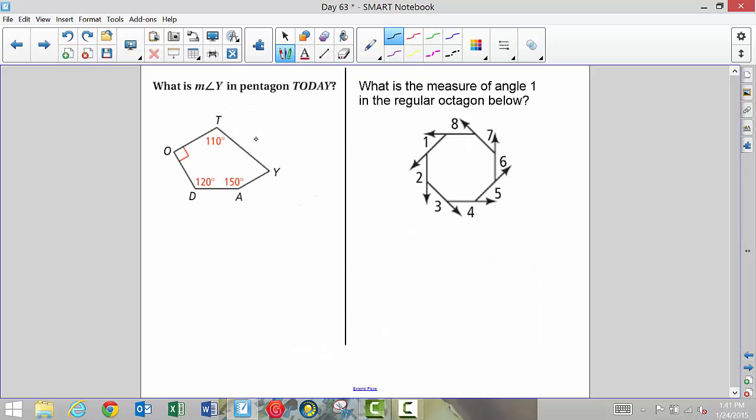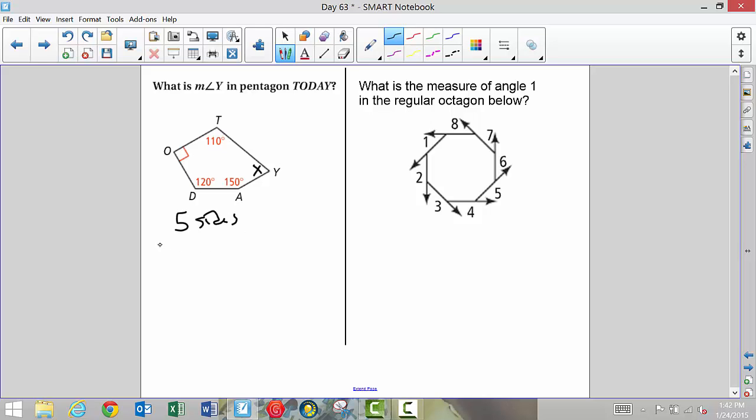Now we can use some algebra to solve for missing angles. So we know that triangles have a sum of 180. Now we can apply the n minus 2 times 180 rule to find missing angle measures in any polygon, as long as we have some information. I want the measure of y, so I'm going to put x there. I have 5 sides.